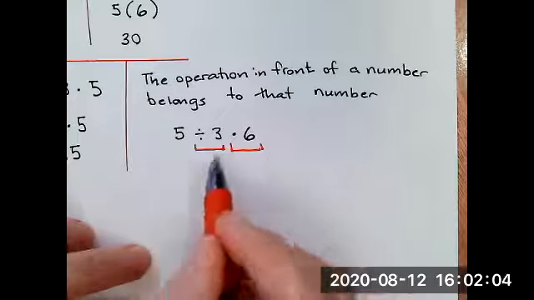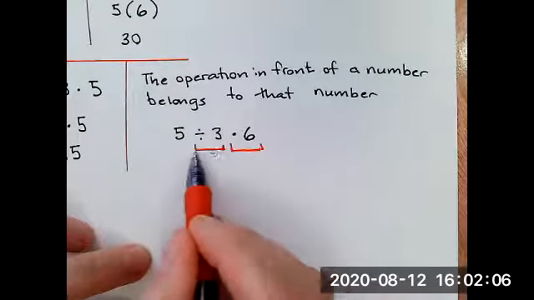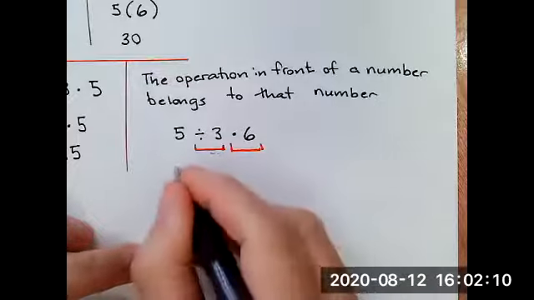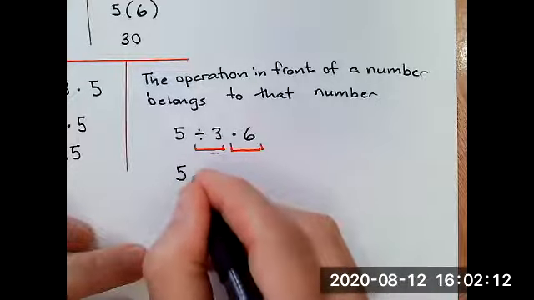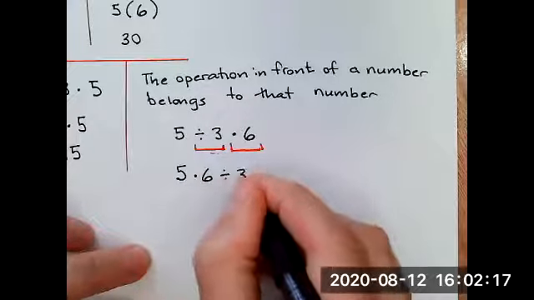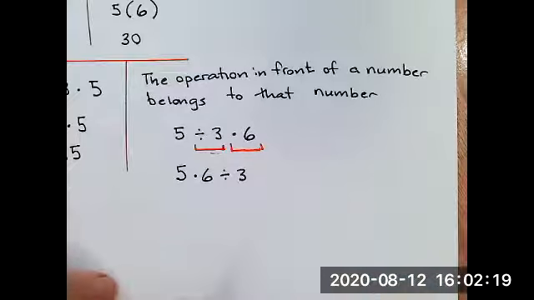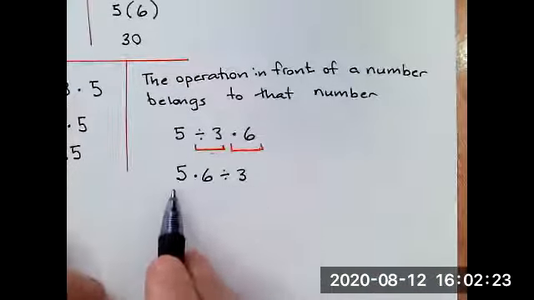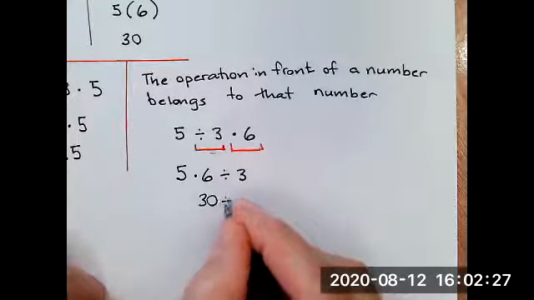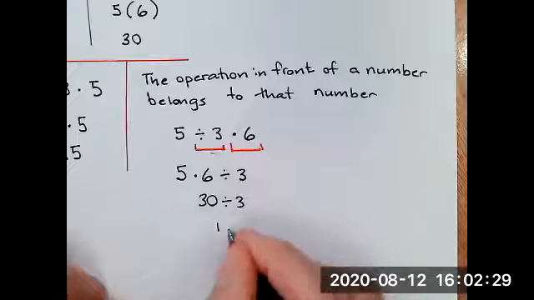So we can trade these as long as we take the operation and the number together. So we could do this in the following order: 5 times 6 divided by 3. If you want, you'll get the same answer, but this one's a little bit easier. 5 times 6 is 30. 30 divided by 3 is 10.